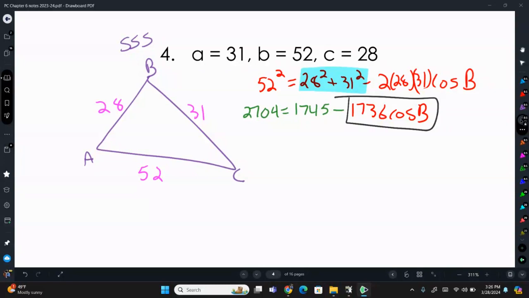So when I do that in the calculator, I get 959 equals negative 1,736 times the cosine of B. Divide both sides by negative 1,736. We get negative 0.5524.